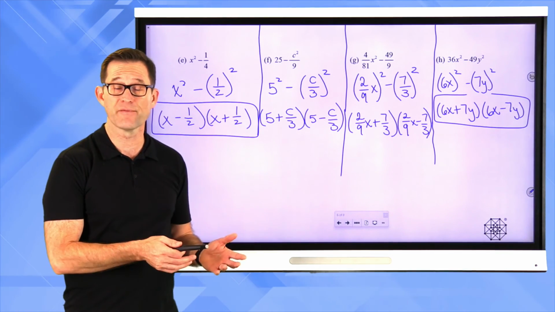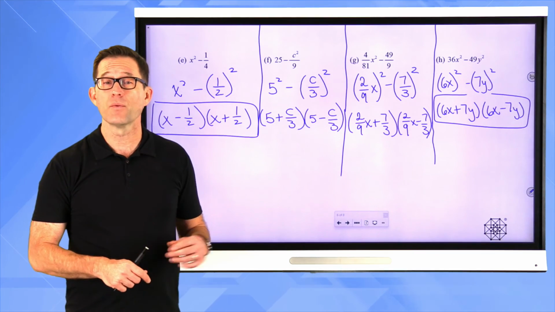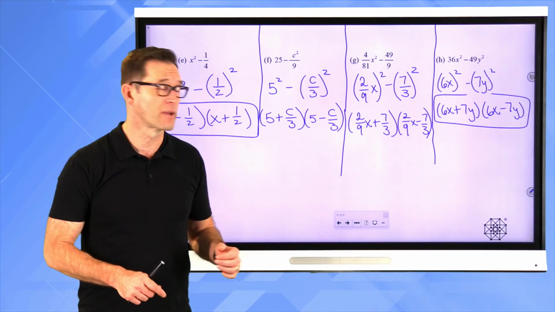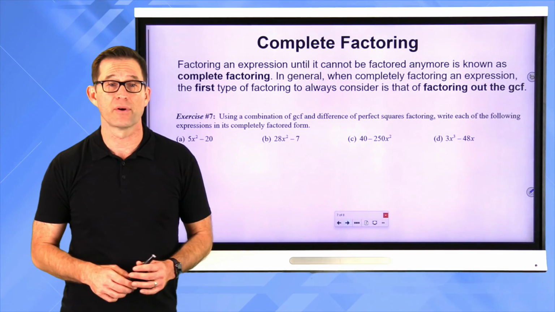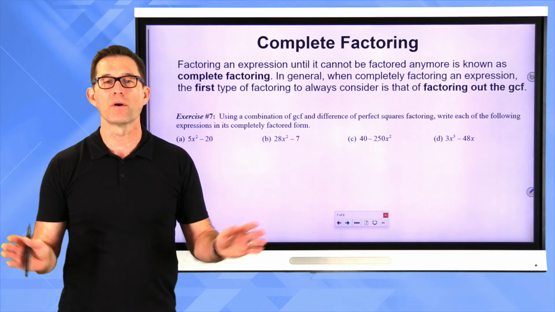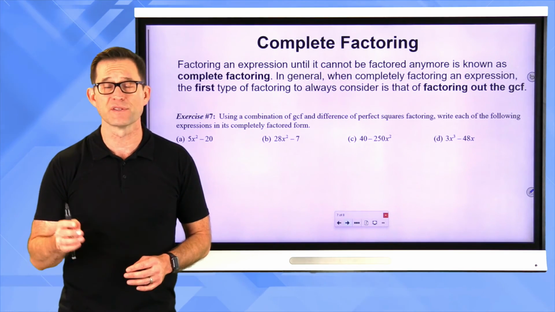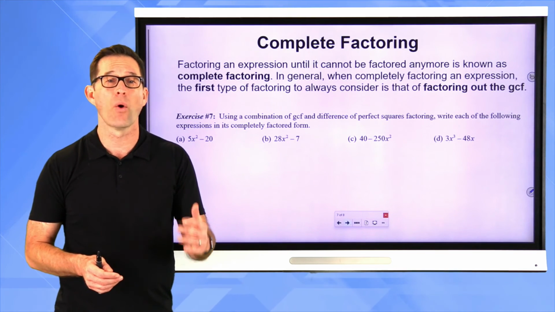We've got our GCF factoring, or just common factor factoring for that matter, and we have difference of perfect squares factoring. We can combine those together and talk about what's known as complete factoring. Factoring an expression until it cannot be factored anymore is known as complete factoring, and you've done this for years. Way back even before middle school, you were completely factoring whole numbers.